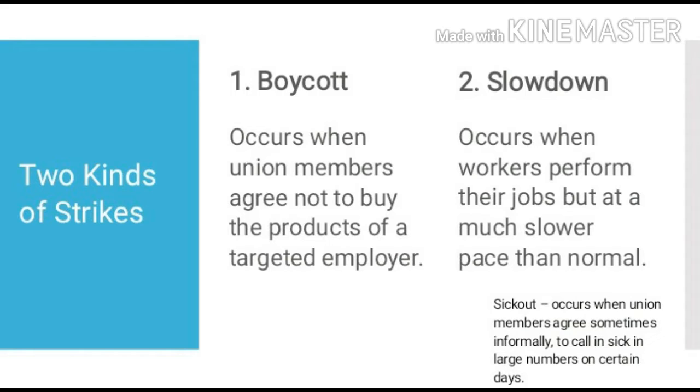Second would be the slowdown. A slowdown occurs when workers perform their jobs but at a much slower pace than normal. This is like when an employee would go to work, or the union might agree to go to work, but they are doing their job slowly.